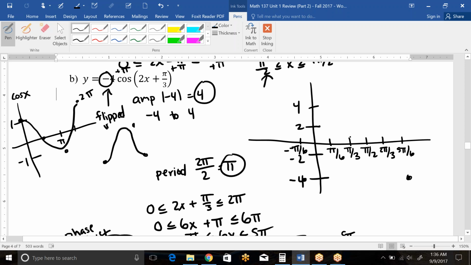So 1, 2, 3. So pi over 3 is the middle, and it's not on the x-axis. Sorry. So pi over 3 is going to be up at positive 4. So notice it's kind of weird here because there's only 2 spots in between these. So we're actually going to go halfway in between for our x-intercepts.